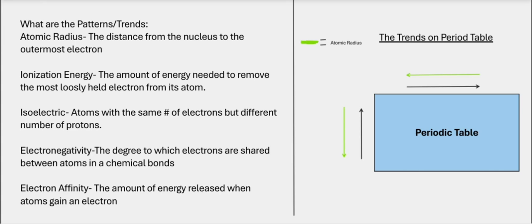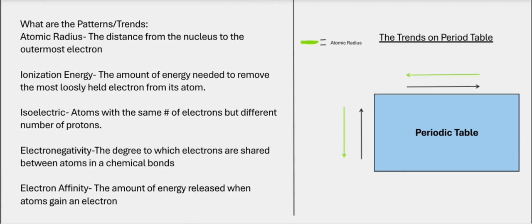Now to go over these in more detail. Atomic radius is the size of an atom. Ionization energy is how much energy you need to put in to remove the outermost electron, so the electron in its valence shell, from the atom.